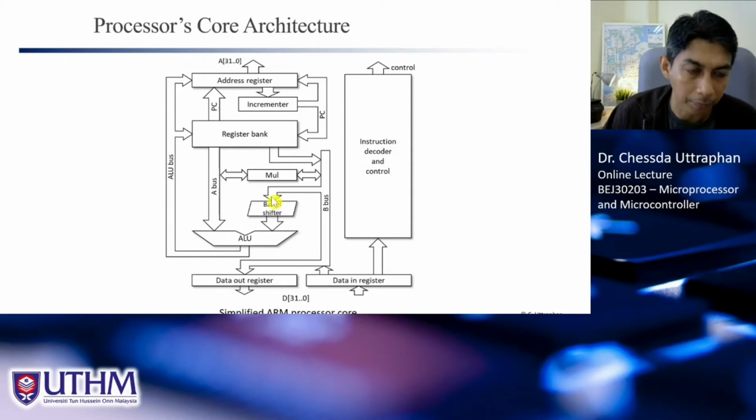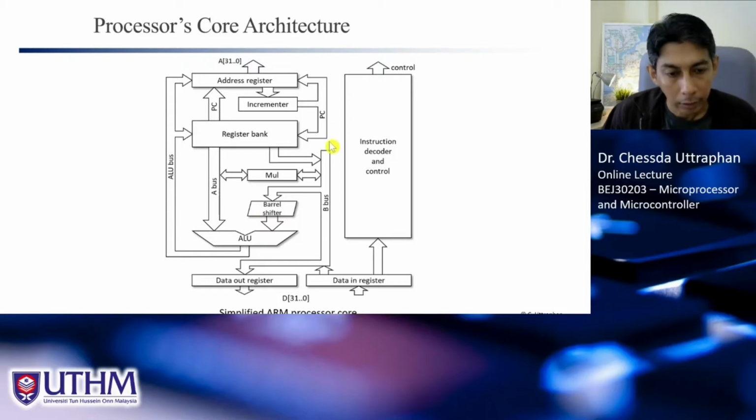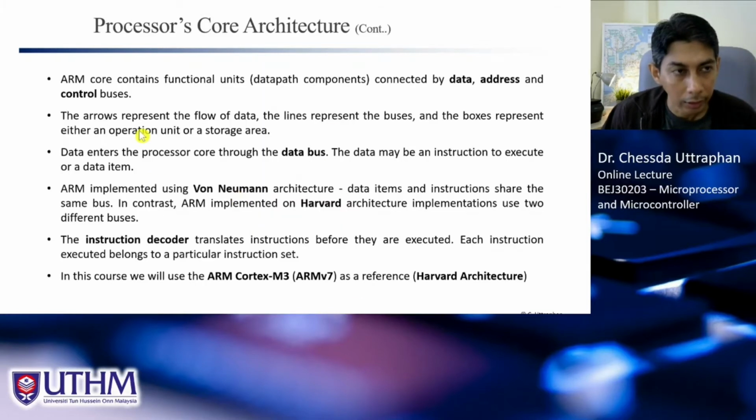So that is basically the general block diagram of the ARM processor core. So let's look at this.